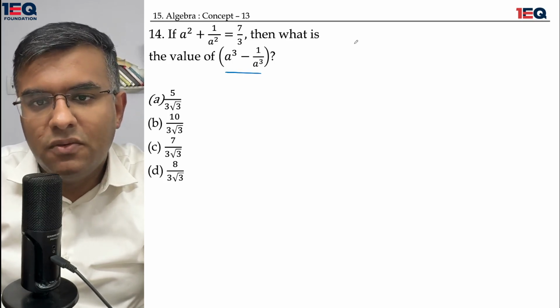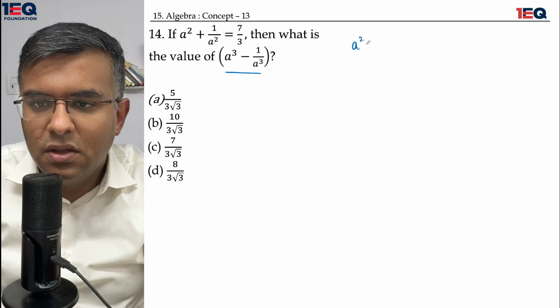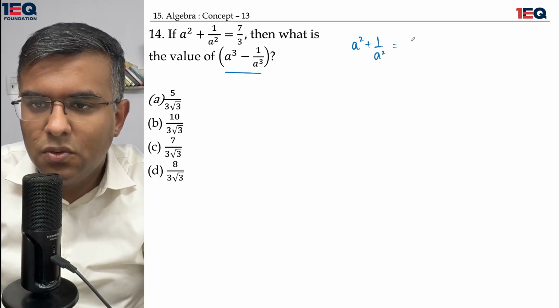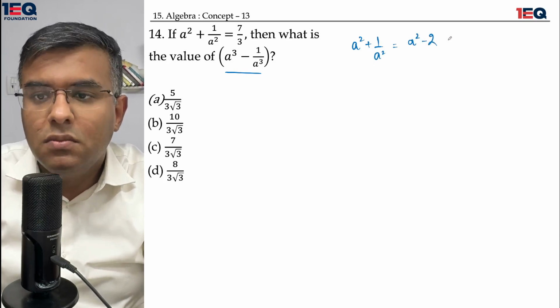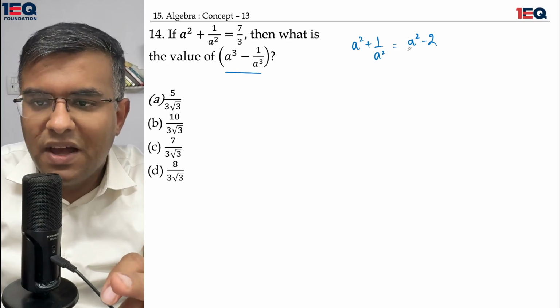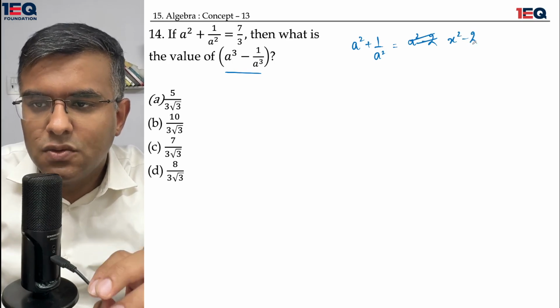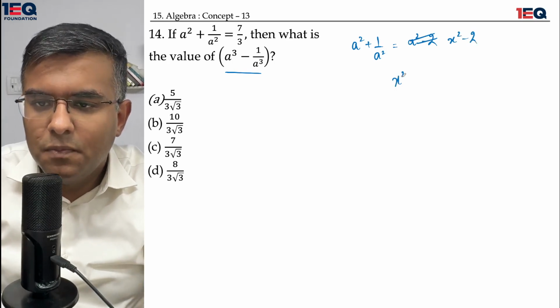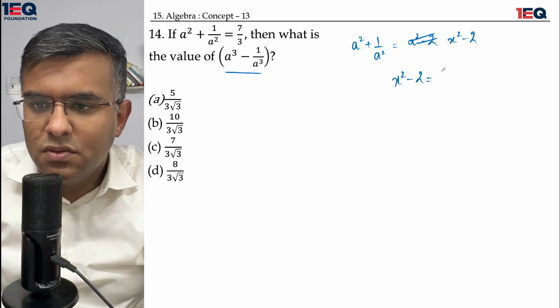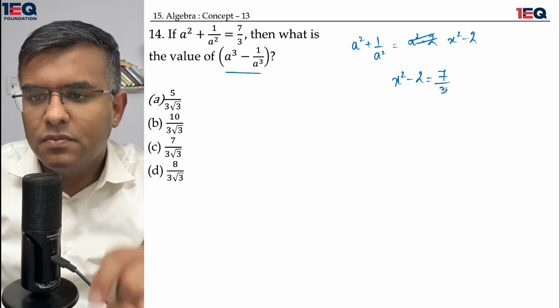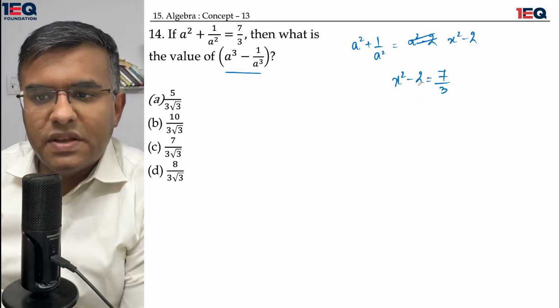So I would follow the simpler method of doing it, that a square plus 1 by a square is equal to a square minus 2. Let me put it as x square minus 2, where x square minus 2 is equal to 7 upon 3.